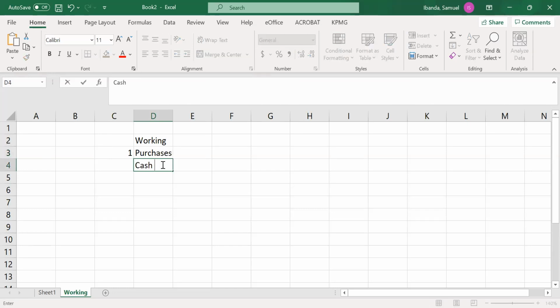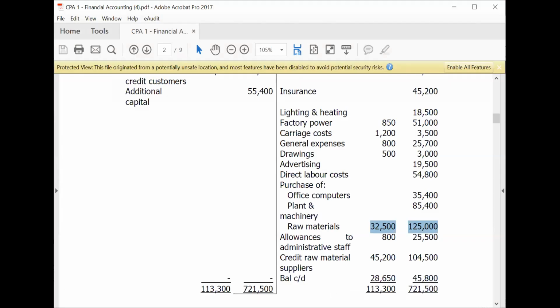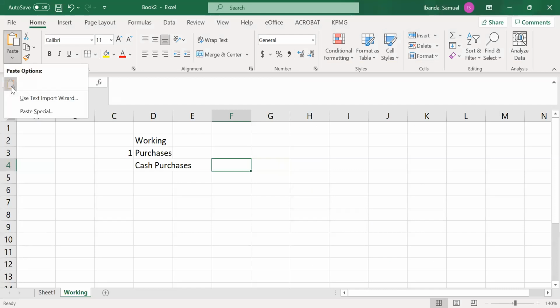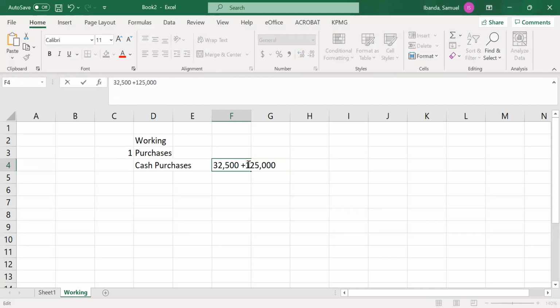So the cash purchases is what is in my so-called cash book, the 32,500 plus the 125,000, which I'll copy and put on the other side. So it is basically the 32,500 plus the 125,000, okay? That is what I basically have.